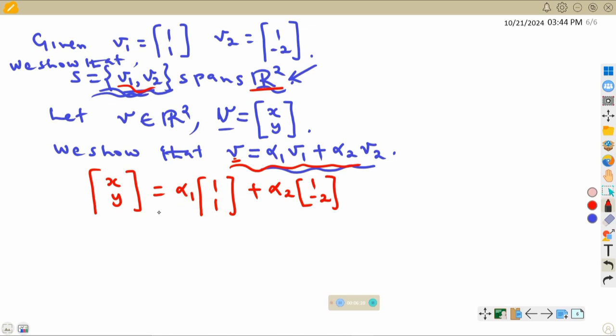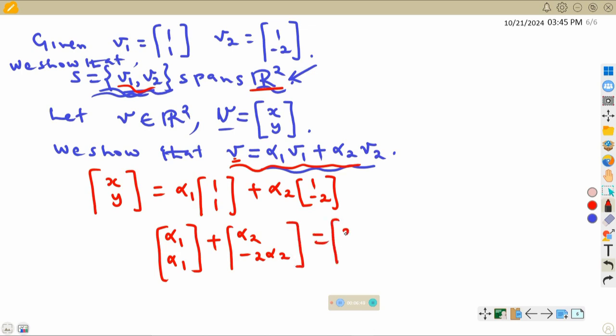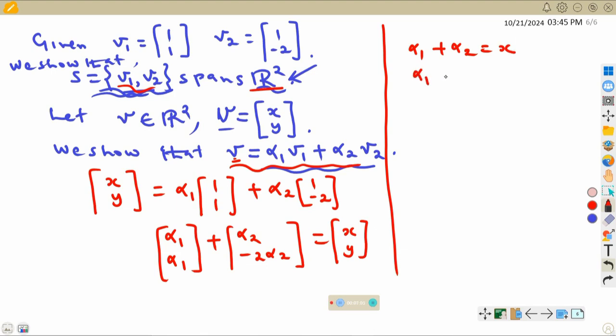So we can easily write this as alpha 1 plus alpha 2, minus 2 alpha 2, equaling xy. We can get our system as alpha 1 plus alpha 2 equaling x, then alpha 1 minus 2 alpha 2 equaling y.